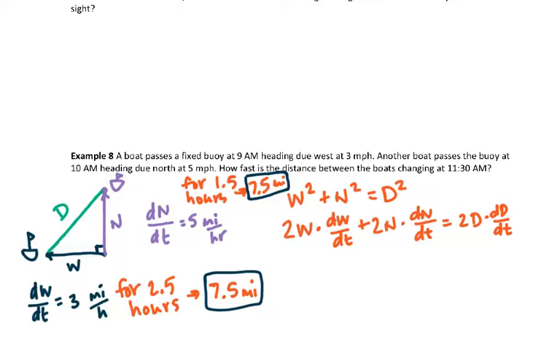So now I think we have enough values. Let's try it. So for west, we have 2 times what we just found. So this is essentially your W, my W length over here on my triangle.